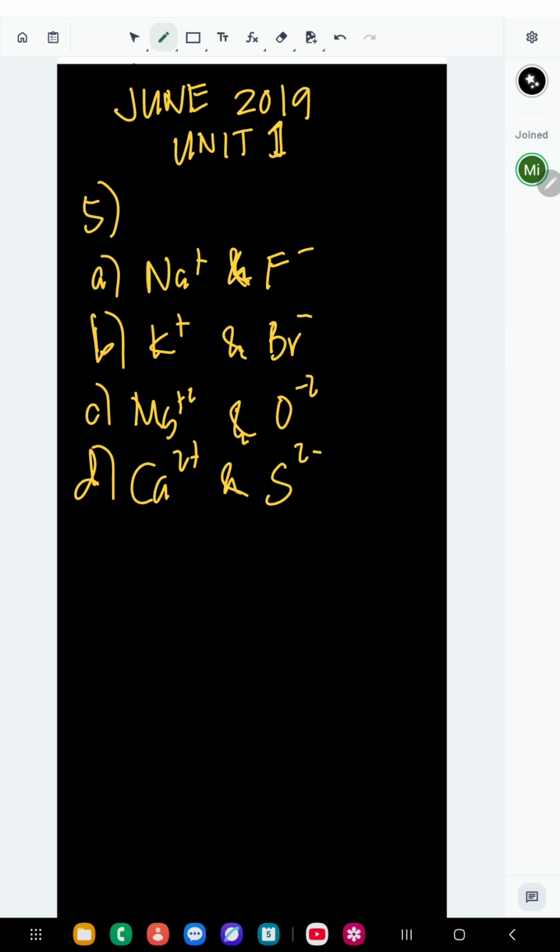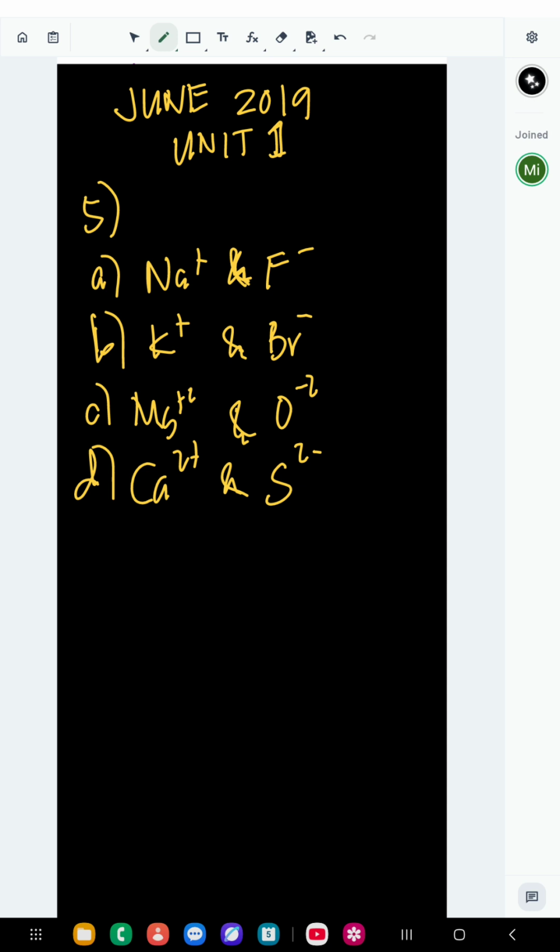So which pair here gives the strongest ionic bonding? So how do we determine the strength of ionic bonding? The strength of ionic bonding depends on the charge of the ions. The higher the charges, the stronger the attraction. And number 2, it depends on the distance between the ions, or the ionic radius. The smaller the ions, the stronger the attraction.